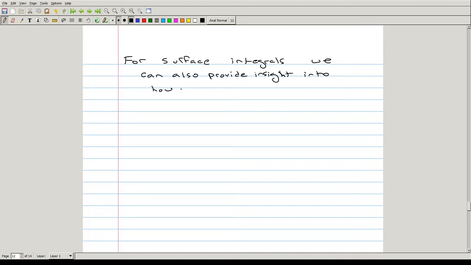For surface integrals, we can also provide insight into how vector fields are behaving. This is in 3D space.